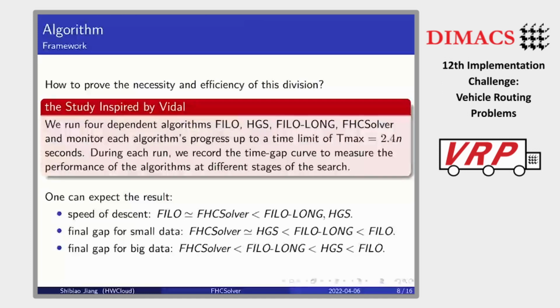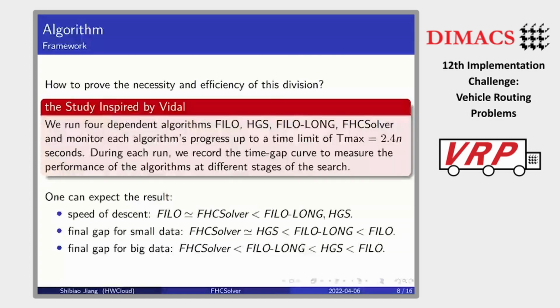The former 3 algorithms are directly from their authors, and the final algorithm is our solver. We monitor each algorithm's progress up to a time limit of t equals 2.4 multiplied by n seconds. During each run, we record the time-gap curve to measure the performance of the algorithms at different stages of the search. You can imagine the result.